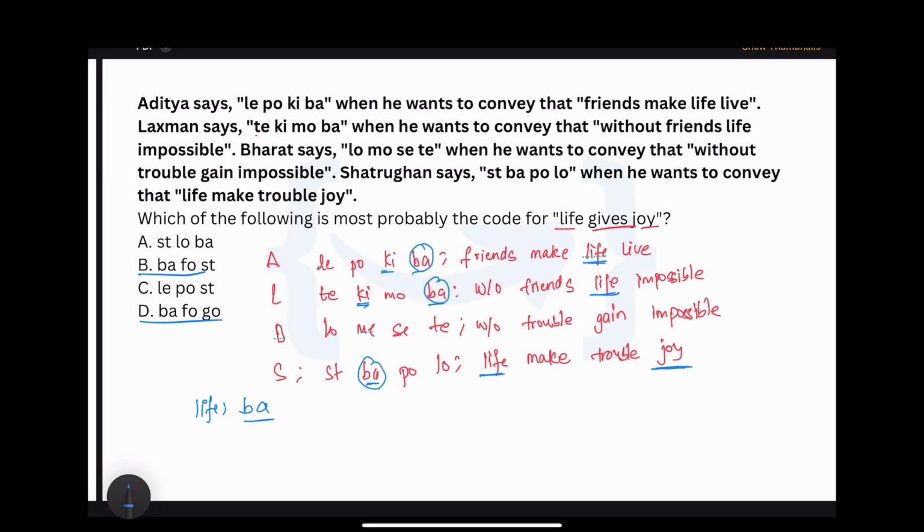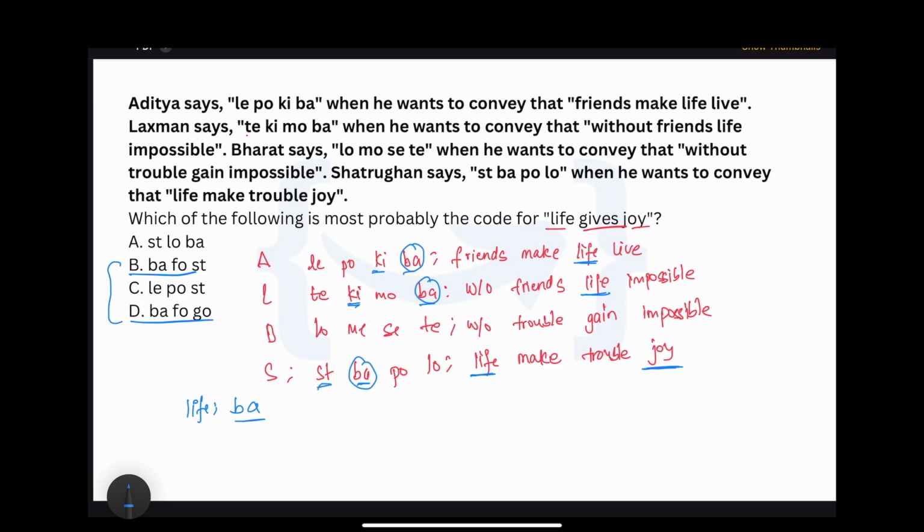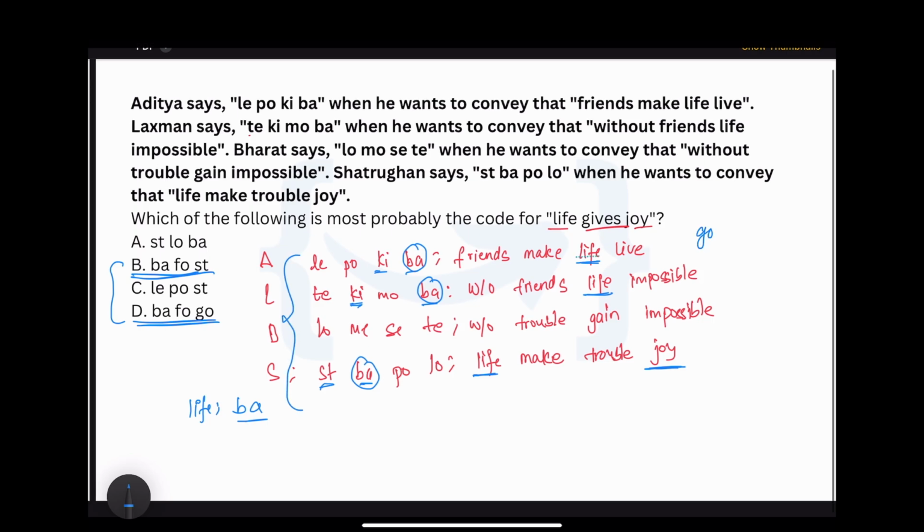Clear? And anywhere I have joy, we have two options, bar for st, bar for go, isn't it? But in four of the lines, I was not able to find go. So go is not there, then definitely D doesn't make sense. My correct option will be B option.